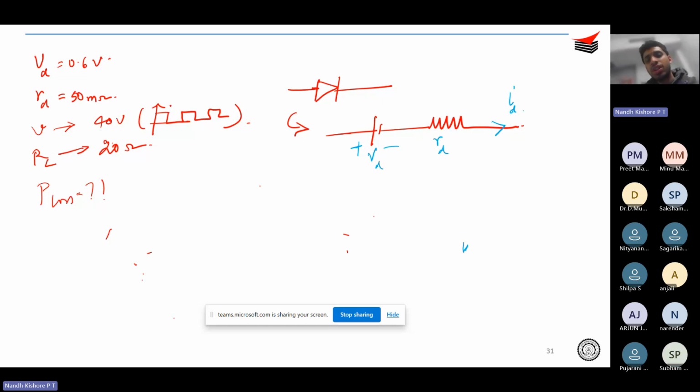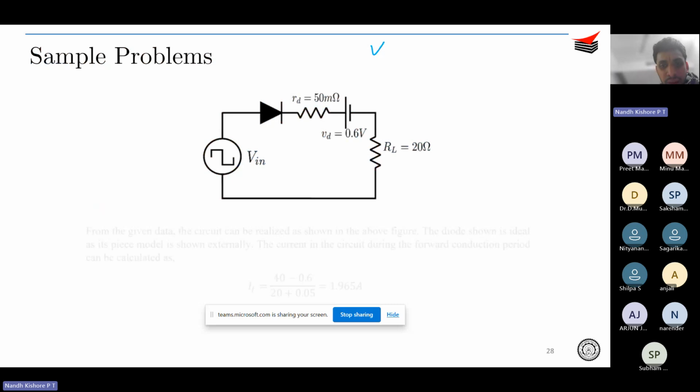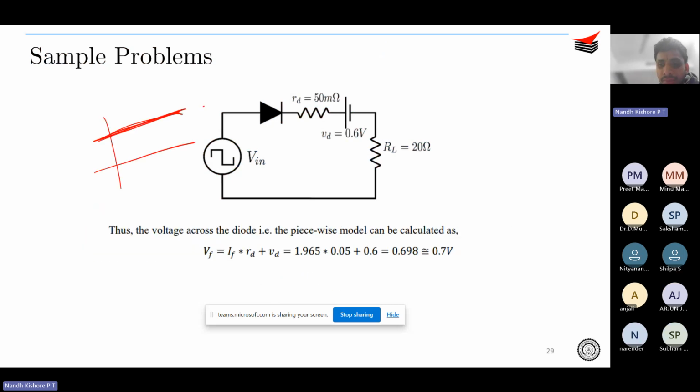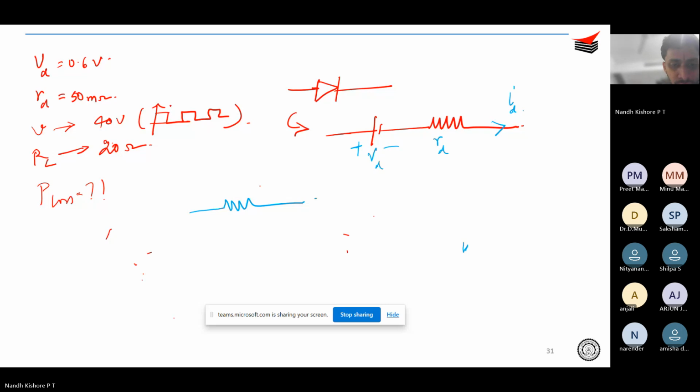But there's a huge thing that we need to ensure over here, if you want to find out the power loss, which is what is asked in this question as well. So we will go back to basics. If you have a resistance and you pass a current, what is the power loss?